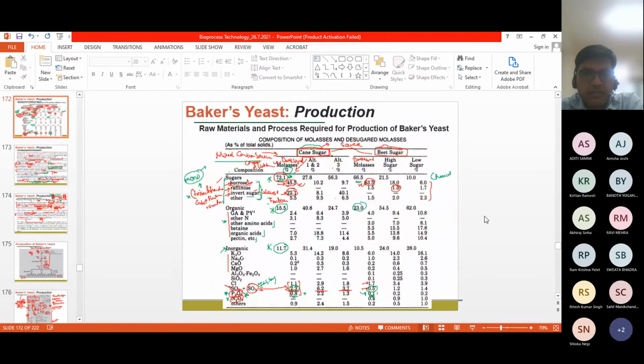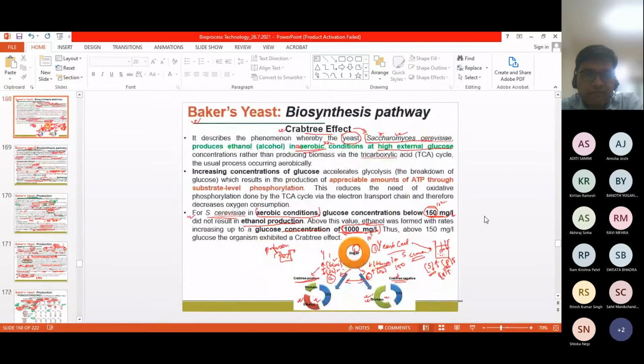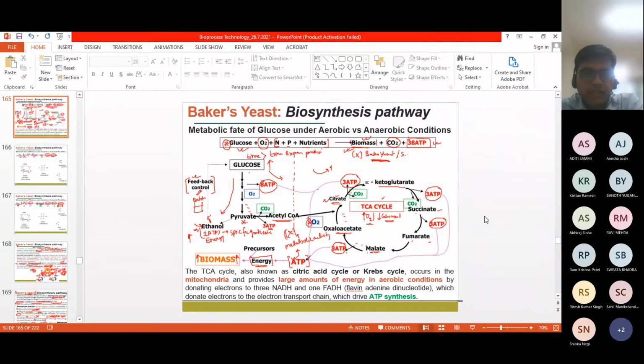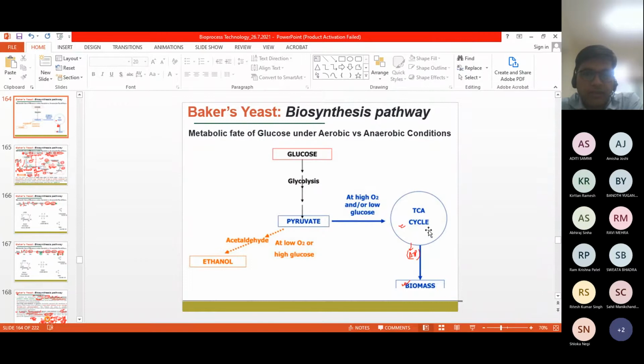So we know basically what the biosynthetic pathway is. We have seen that, for example, glucose is the carbon source for the production of the ethanol or the production of the Saccharomyces cerevisiae.